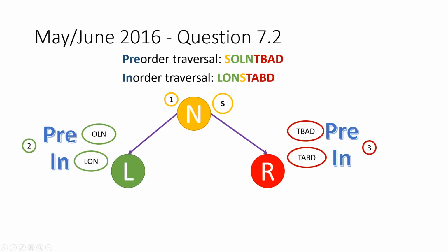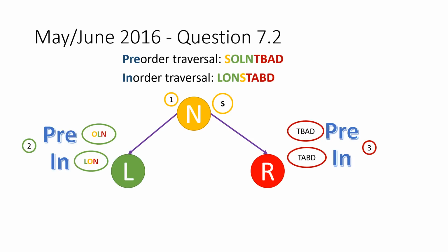Then I've gone and I've split the pre-order on the left-hand side here, which is the OLN. And then I've also split the in-order, which is the LON. Okay. Then on the right subtree, we've got TBAD and we've got TABD. Okay. So that's the third step.